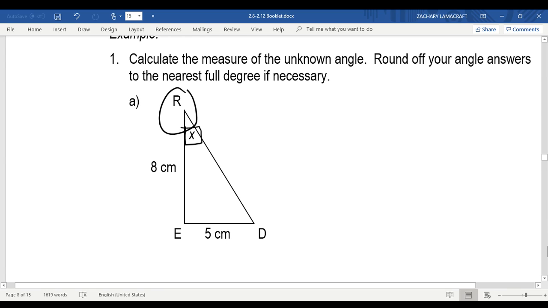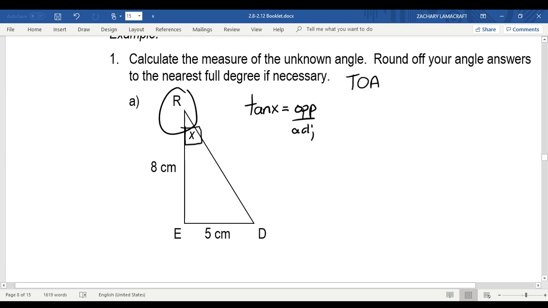So we know TOA is our acronym, and for tan, instead of writing R, because that's the angle in question, they have an X there. It's going to be tan X is equal to what? Exactly. Opposite over adjacent, or OPP over ADJ.